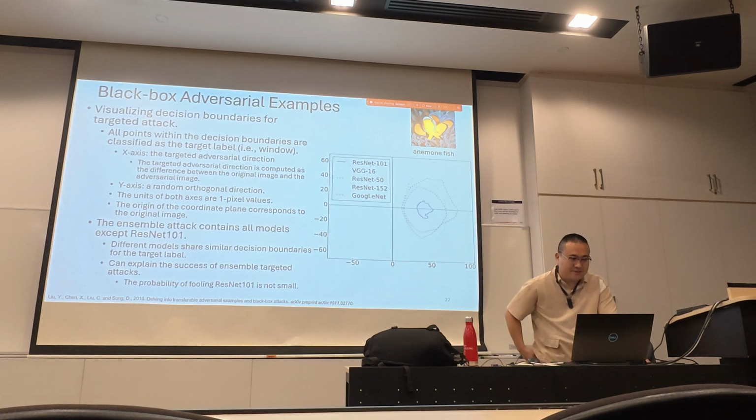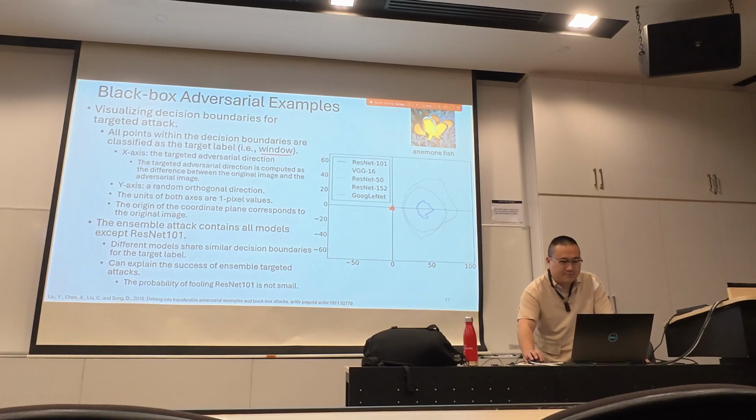And let's see what happens for targeted attacks. We can also do a similar visualization for targeted attacks. The origin is still the fish, and the target label is window. So we can also generate the decision boundaries for the targeted attacks. All the points within the decision boundaries are classified as the target label.